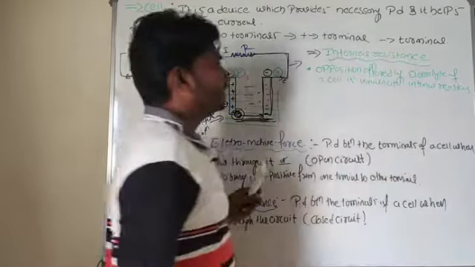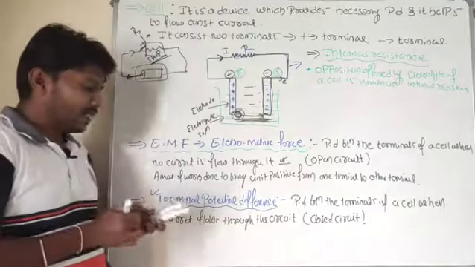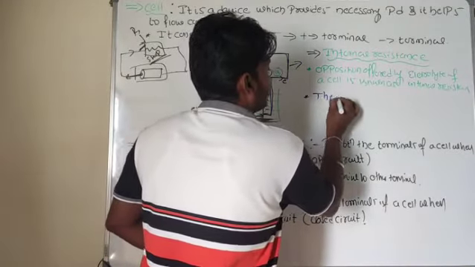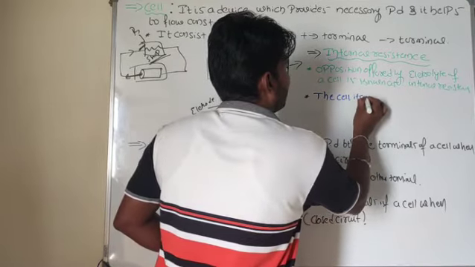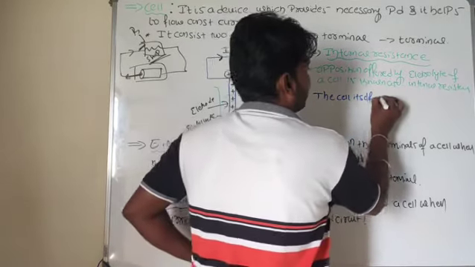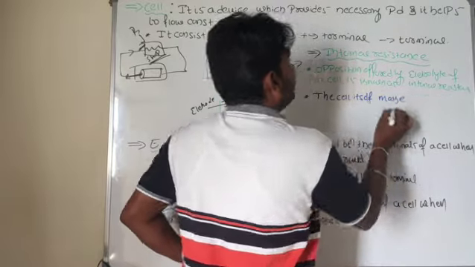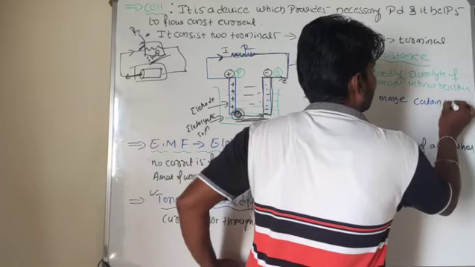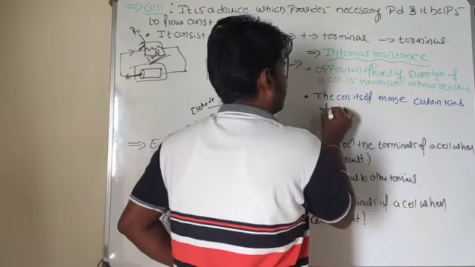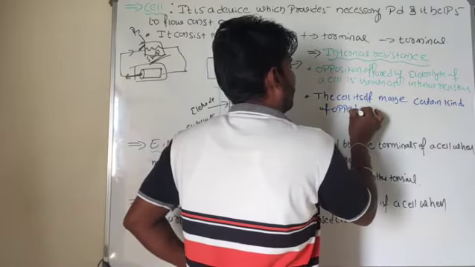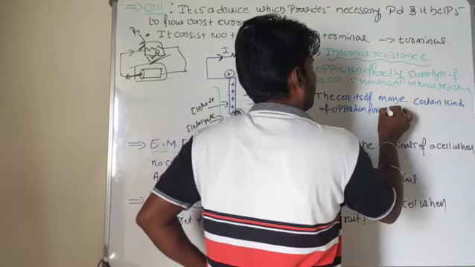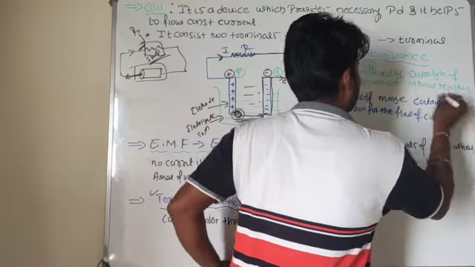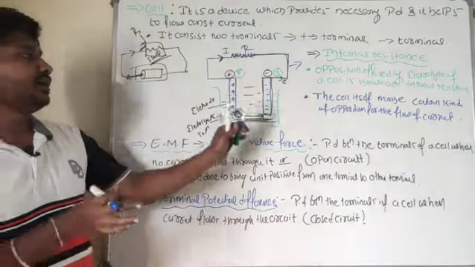We can call that internal resistance, or we can say by another definition: the cell itself makes a certain kind of opposition for the flow of current. That we can call internal resistance.